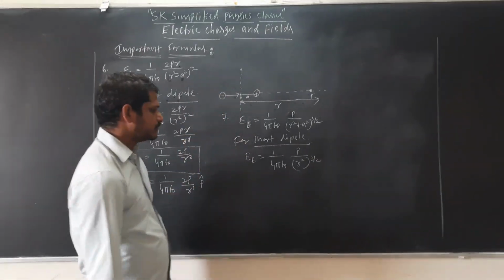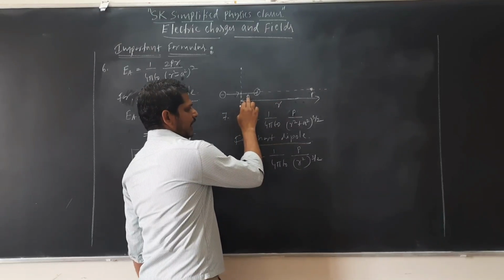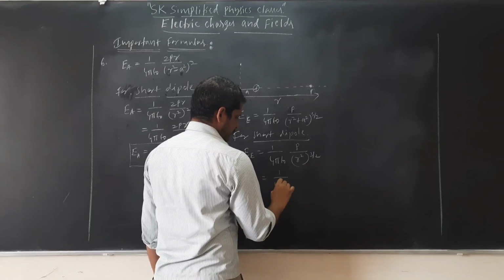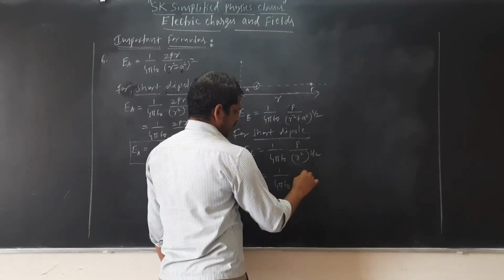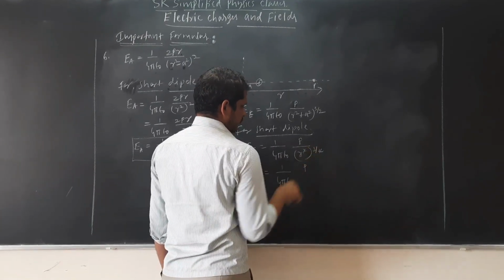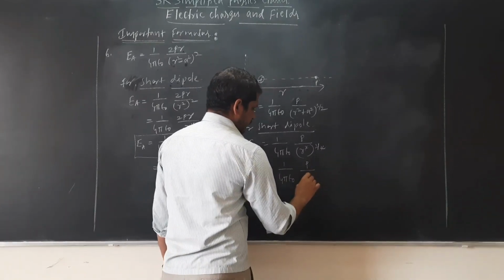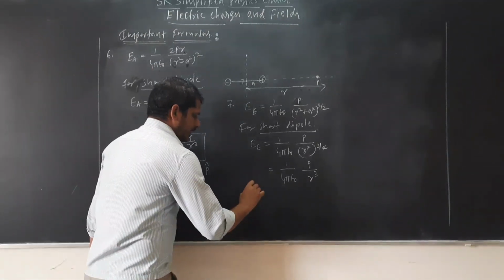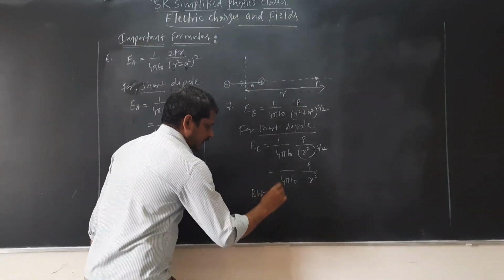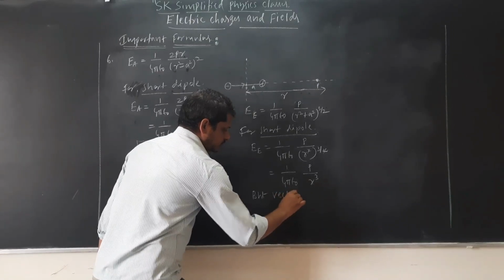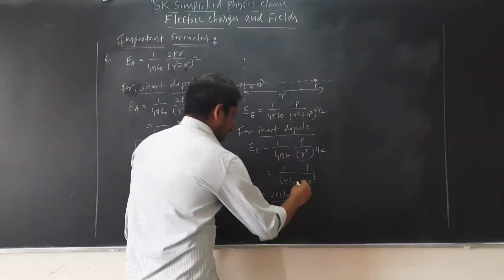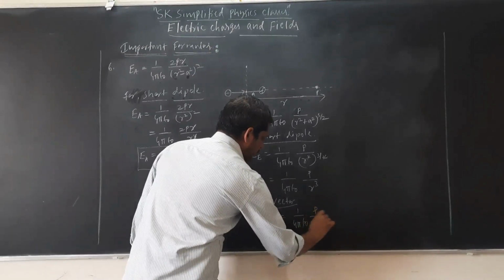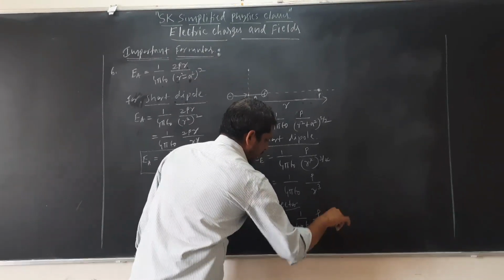We neglect the a value compared to the r value, so the square and square will be cancelled, giving 1 divided by 4 pi epsilon naught times p divided by r cube. But in vector form, this is given by 1 divided by 4 pi epsilon naught times p divided by r cube times p cap.